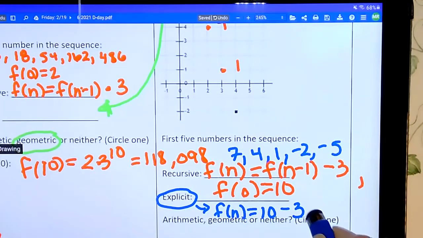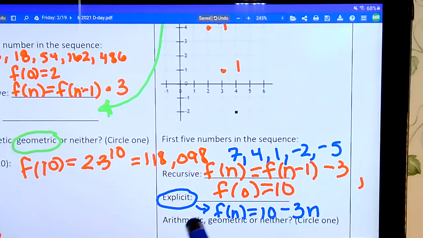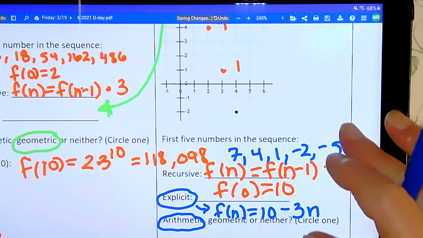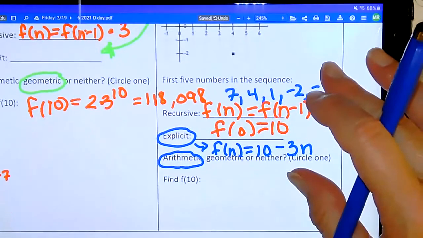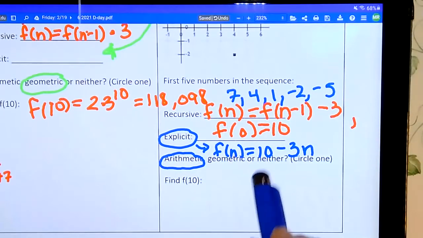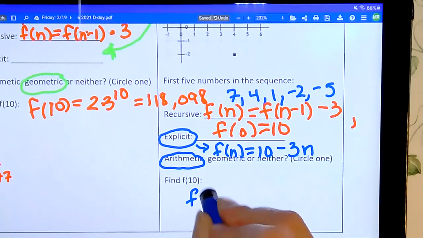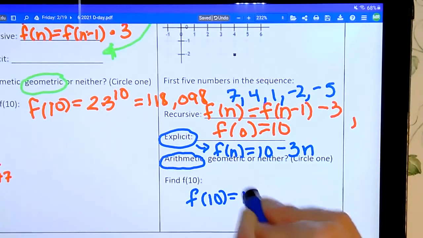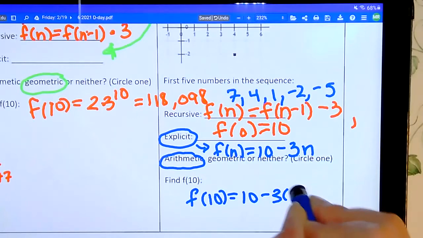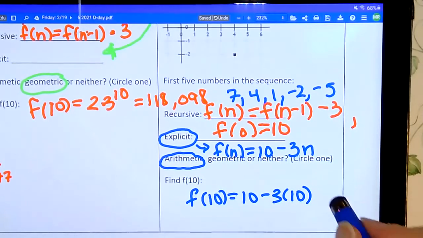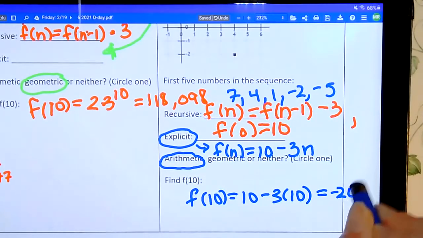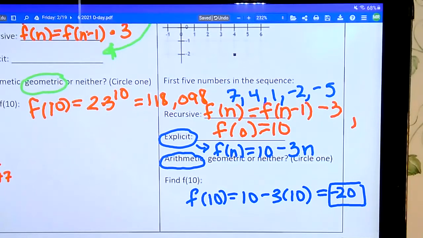Minusing it by 3, and so it's a minus 3n. And this is going to be arithmetic. And then they need us to find f of 10. So to find f of 10, I'm going to go 10 minus 3 times 10. So this is 10 minus 30, which is negative 20. And that's your answer.